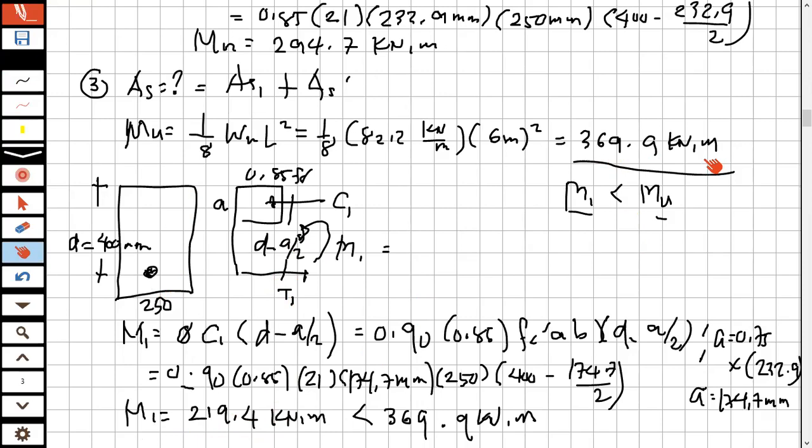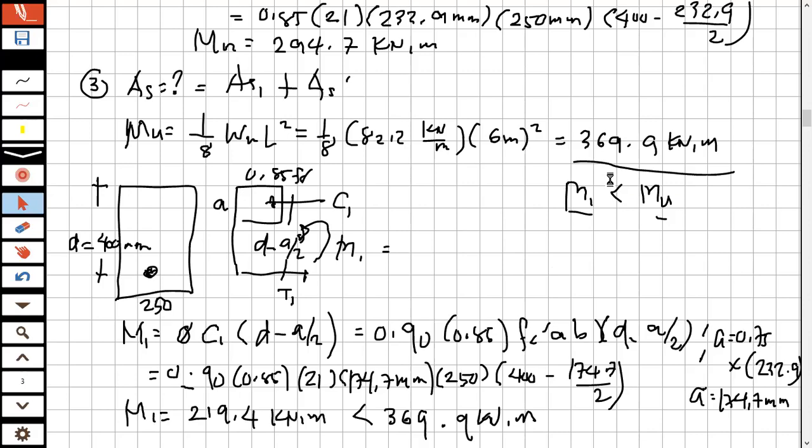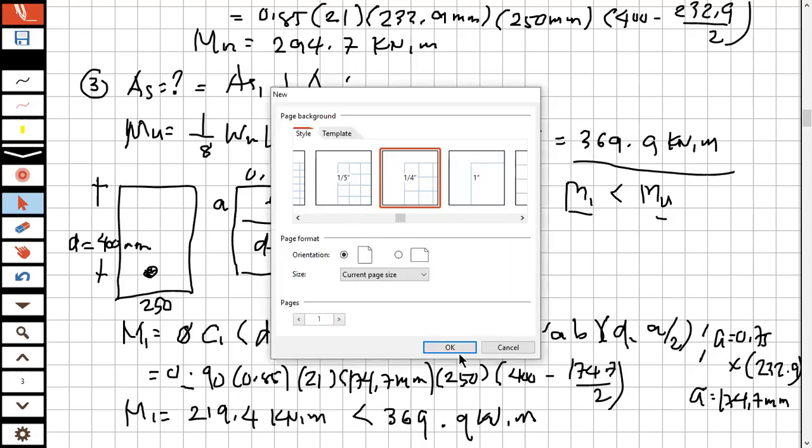Mas malaki yung applied moment doon sa internal moment that could be resisted by the tension reinforcement alone. So pagka ito lang, hindi ka magdadagdag ng compression reinforcement, magko-collapse yung structure. So what you are going to do is to add a reinforcement here. Kaya siya nagdoble reinforced. Okay?